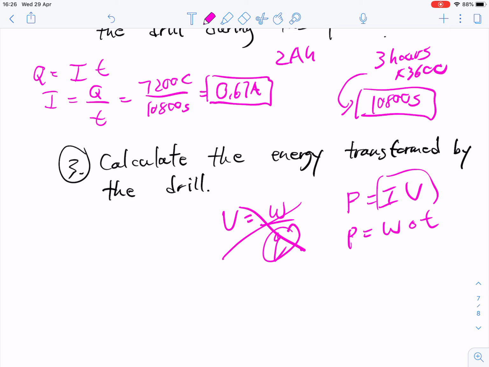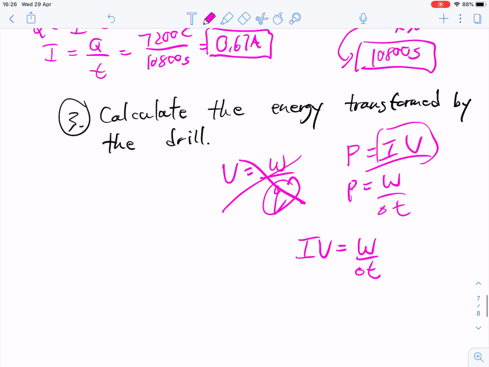Okay, so now we've got the relationship. IV equals work per unit time, sorry, power is work per unit time, I messed that up. That's work divided by time. So IV equals work per unit time, the rate at which work is done.